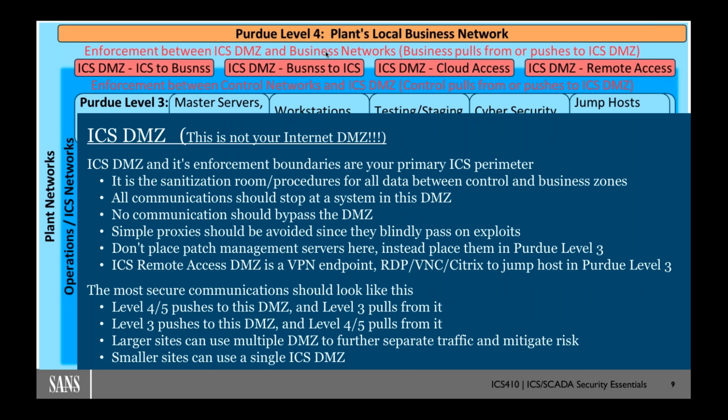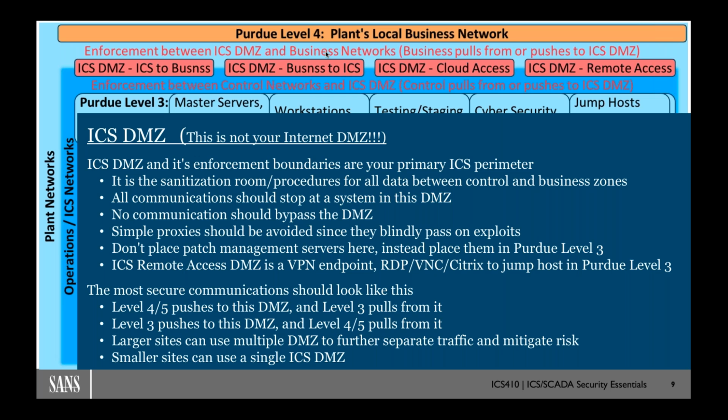Okay, looking at that Purdue level 4, that's going to be that plant logical network that we mentioned. Any traffic that needs to go from level 4 into the plant, right, into the control network, or traffic from the control network that needs to go back into the enterprise, like all the billing information that we need to do from our processes, right? For processing oil, how much oil we're processing, well, we need to push that to the enterprise.